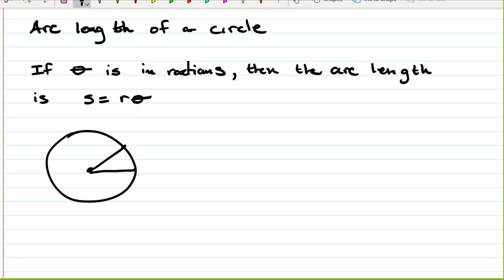Here's our radius R, and we have some angle theta. And then we would have our arc length S, which is the distance along the outside of the circle, and we have an R. So we've been talking about how radians are the natural measure. Well, if theta is measured in radians, we know from our equation that S is equal to R times theta.